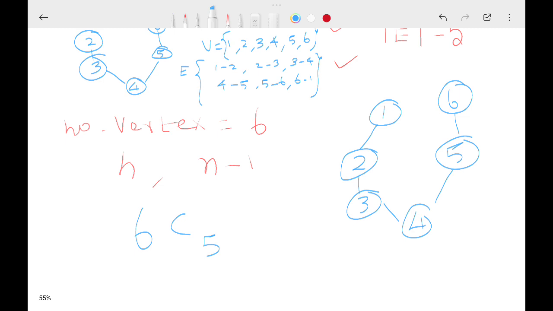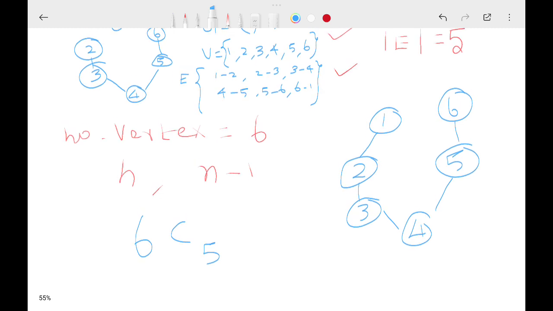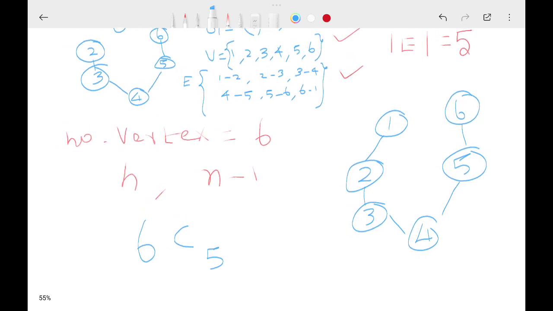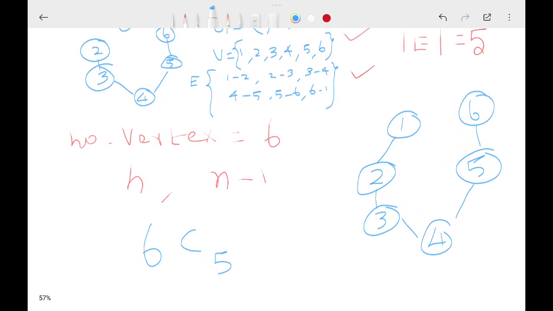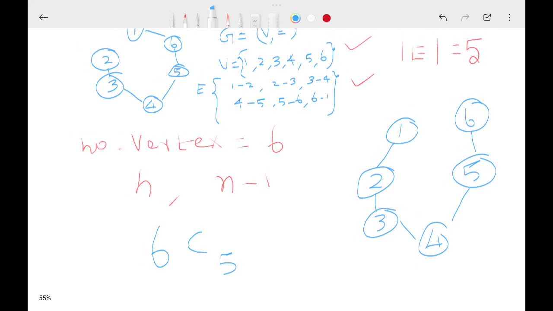This is the number of spanning trees that can be formed with 6 vertices, no cycle in the graph, and the graph fully connected.